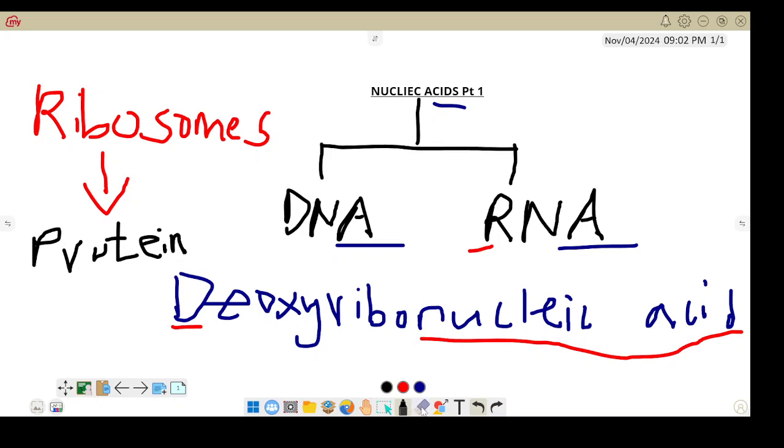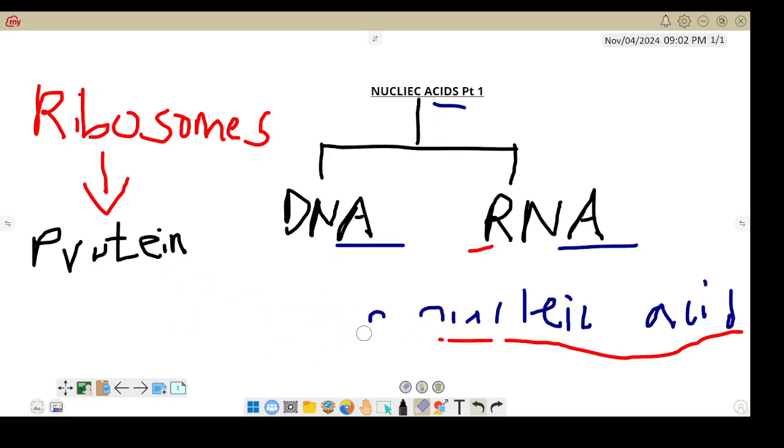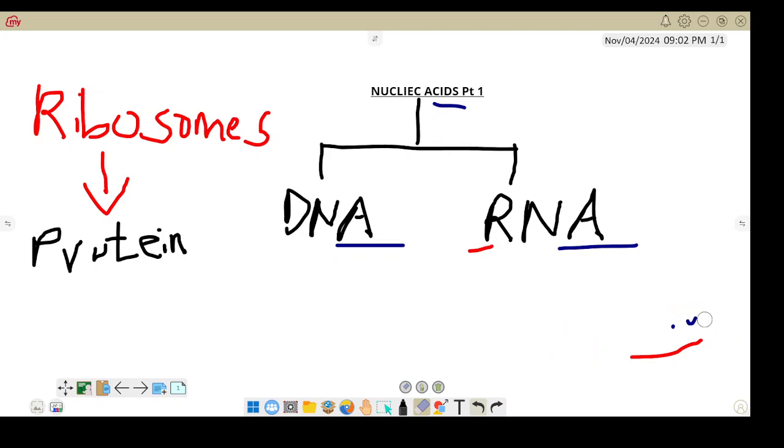Their main specialty is dealing with proteins. So the ribonucleic acid, the RNA, plays a role in protein synthesis. And the DNA, which is very common, we have heard a lot about it. The DNA stores genetic information, so it mainly deals with heredity.